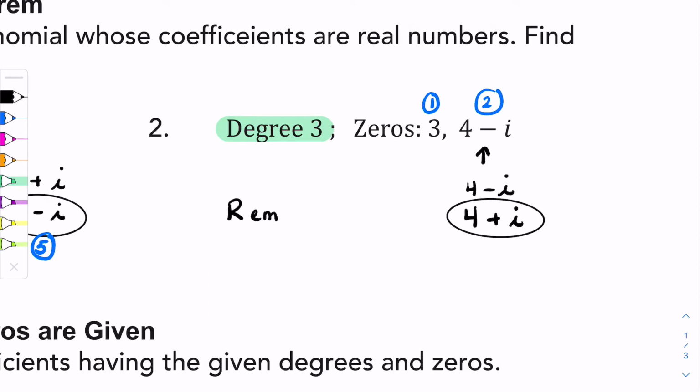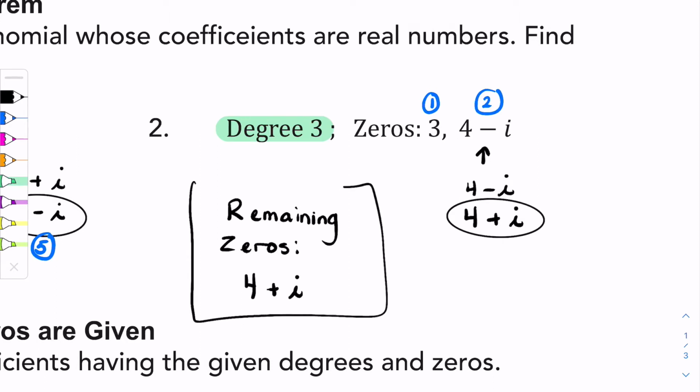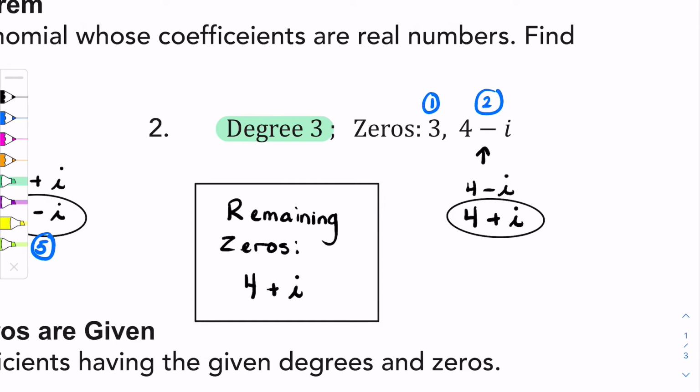So to answer for remaining zeros, we would just say 4 plus i, and that's the conjugate of 4 minus i. So that's it for problems like this in this example section. You are just identifying the additional zeros.